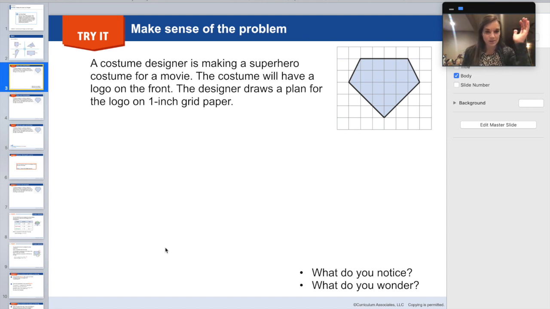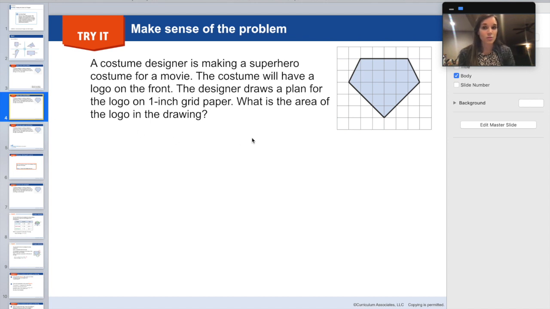I want you guys to think, well, first off, what do we notice? What do we notice about this shape? Are there ways that we can maybe change it into other shapes that we already know how to find area of? And what does it make you think? What do you wonder about this shape? How can we find the area?